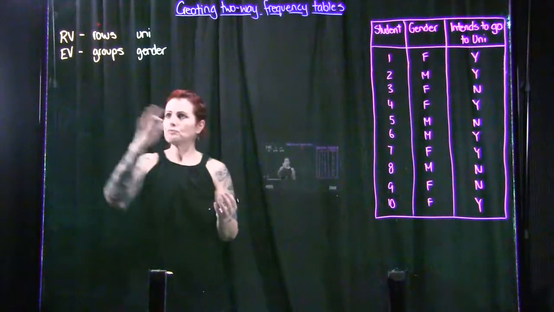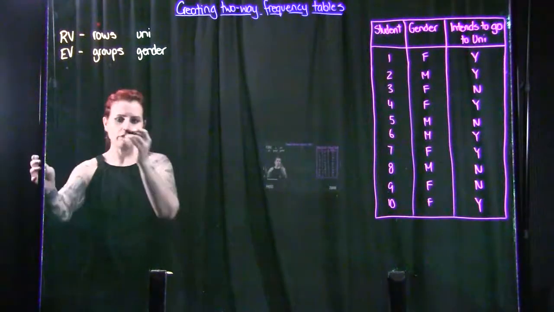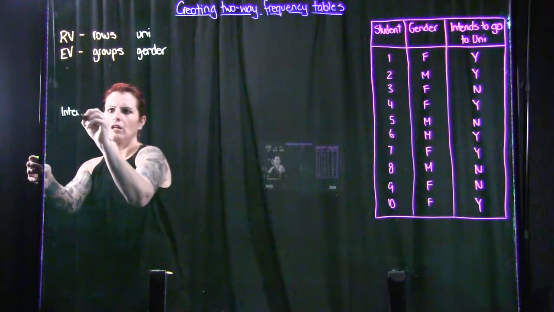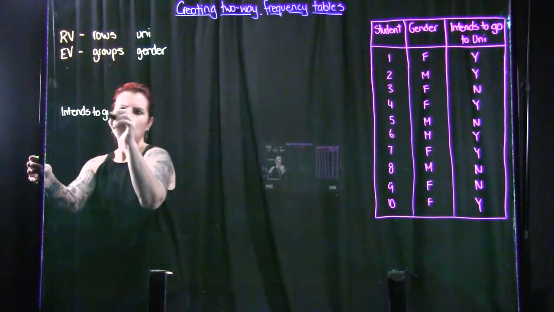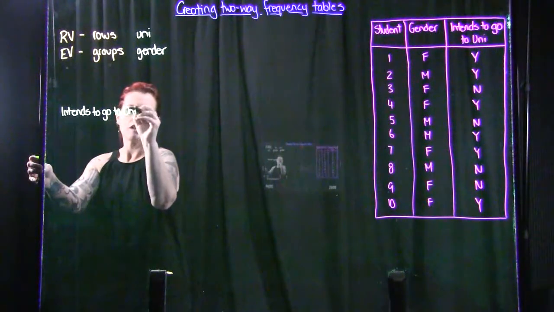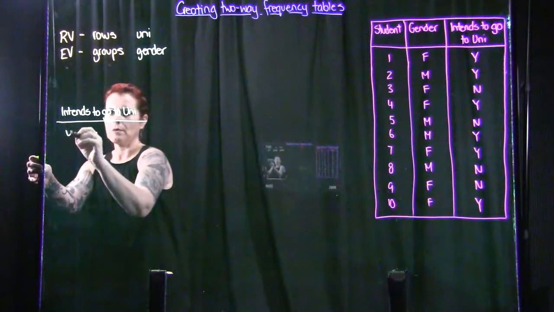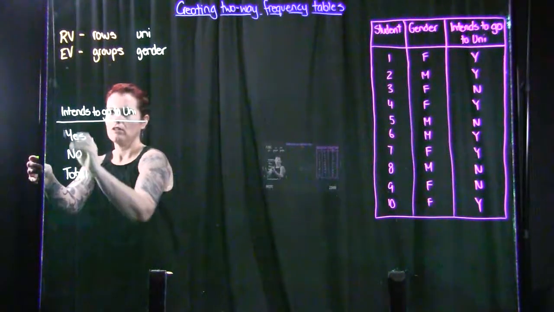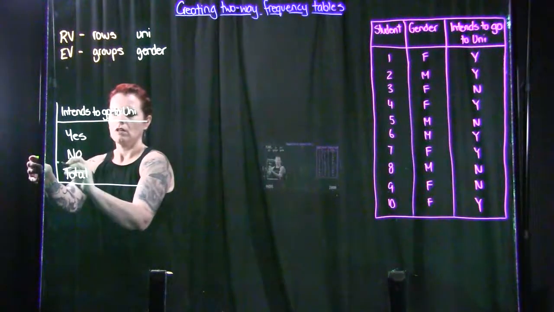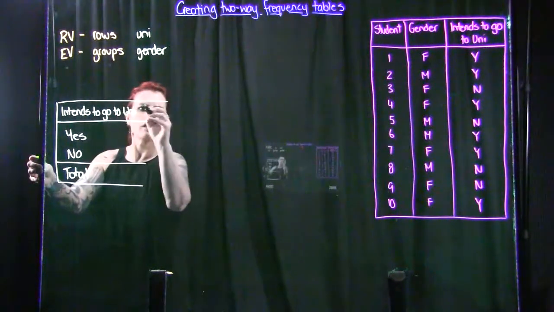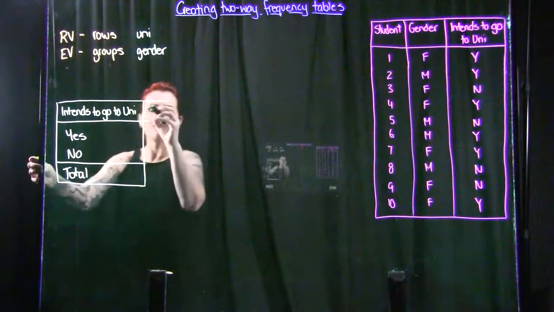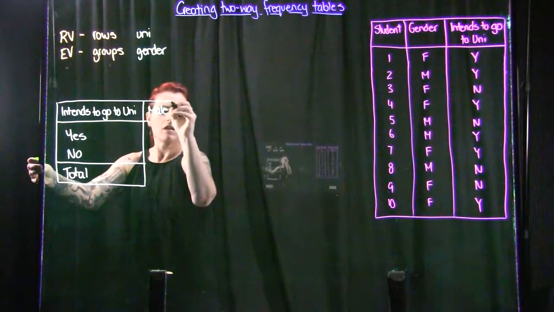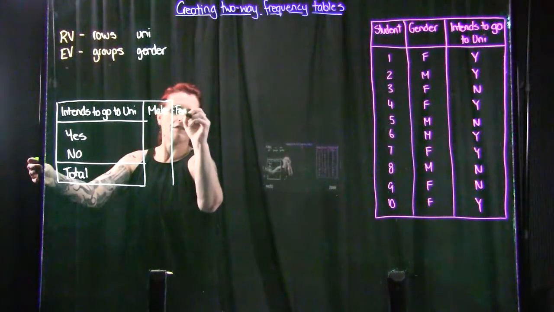So once I've done that, my EV is groups, my RV are rows, so above my rows, I'm going to put intends to go to uni. And that would be yes, no, and total. Then I've got male first and then female.